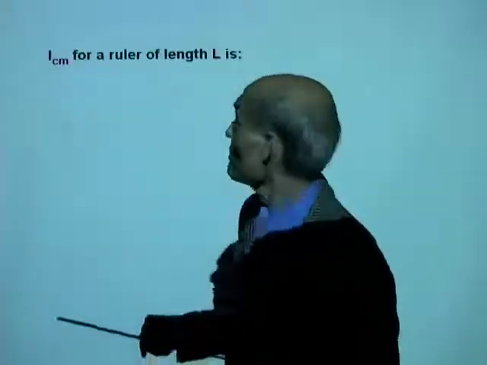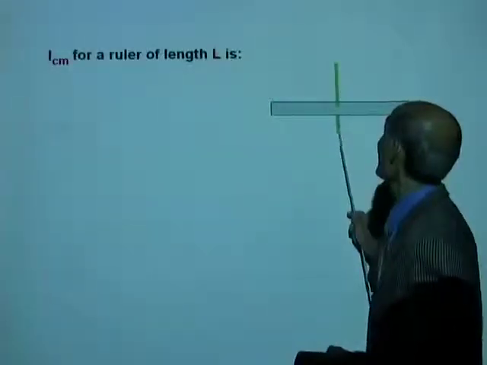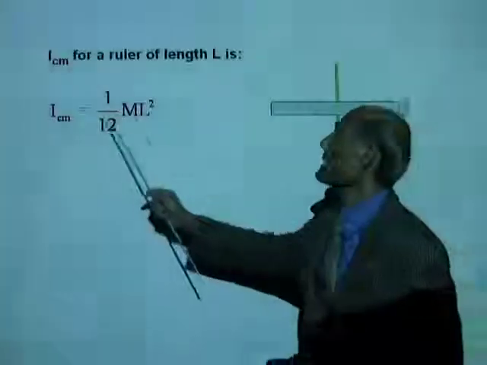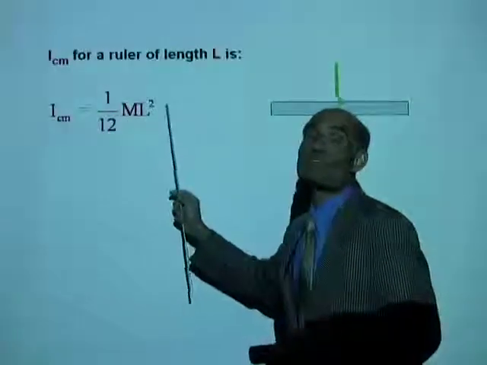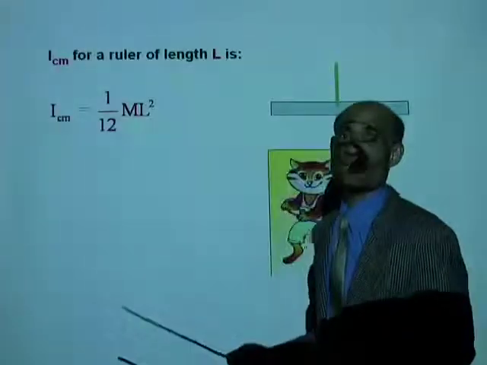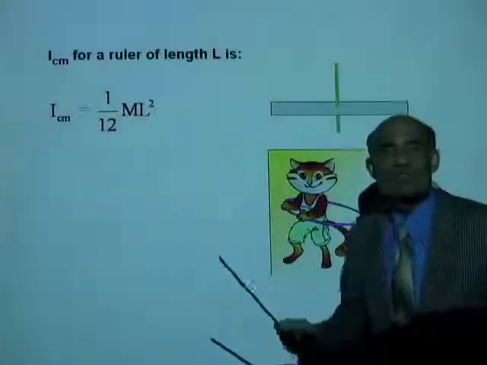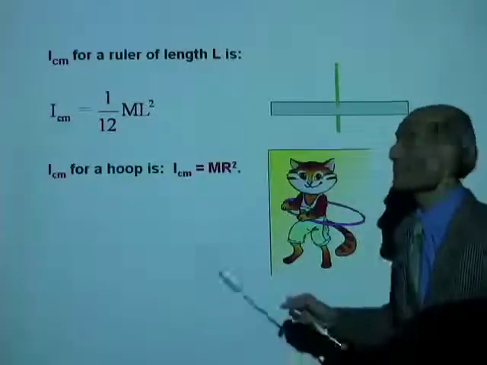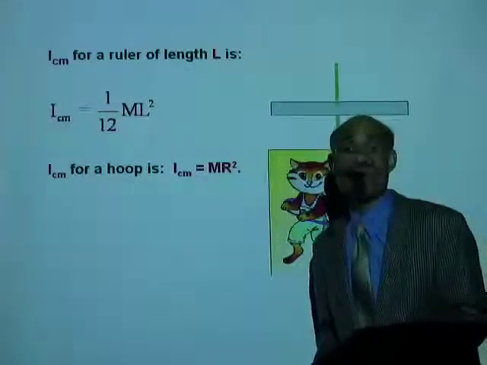So I center of mass for a ruler like this about an axis through its center of mass is 1/12 ml squared. And finally, what is the moment of inertia of a hoop? That will be I center of mass equal to mr squared.